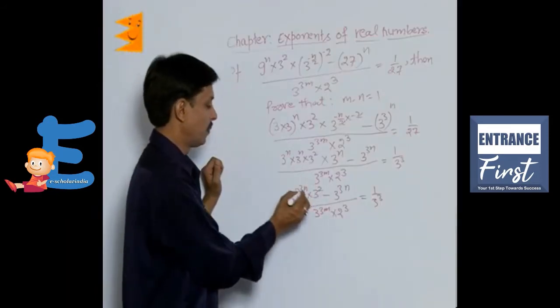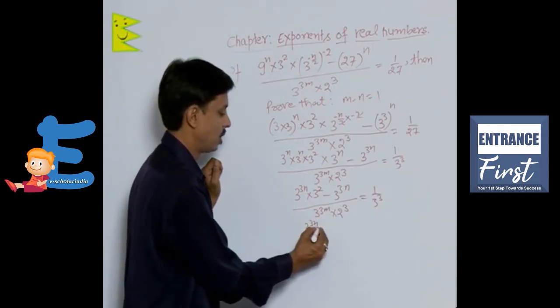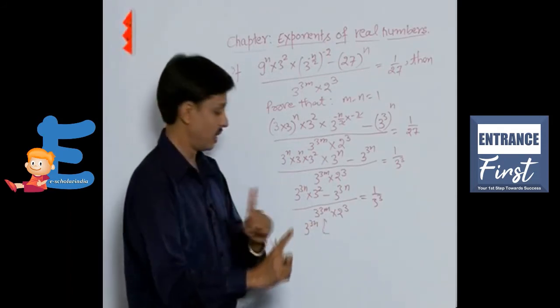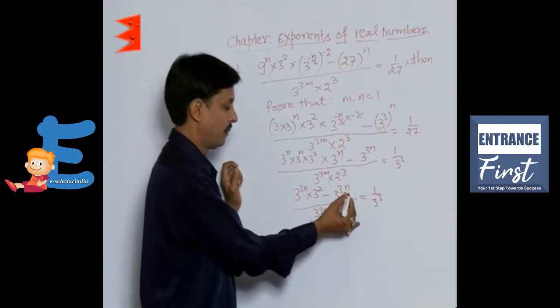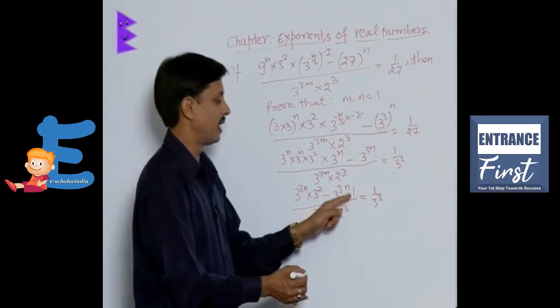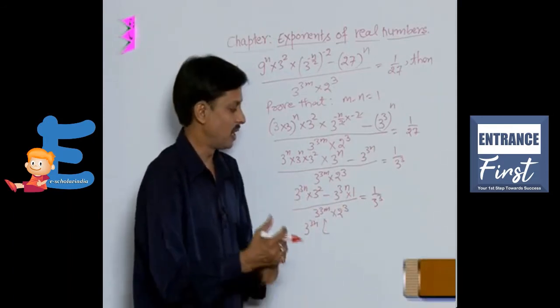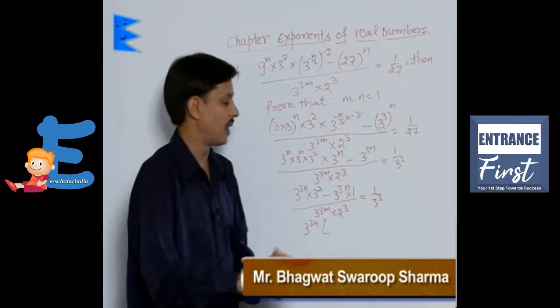what can I say now? 3 to the power 3n is common, so this becomes 3 to the power 3n in the numerator. Nothing is written with the second term, so I can write the multiplicative identity 1, because 1 is such a number which multiplied with any number does not make any effect in the result.